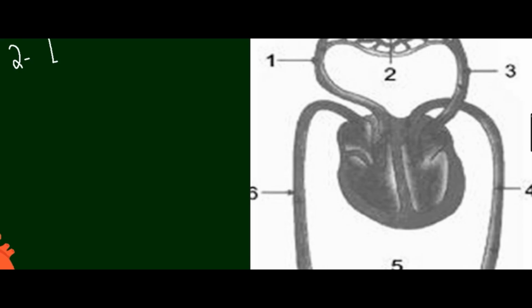The second part is the lungs, and one of the functions is that the lungs help in exchange of gases. Part number 3 is the pulmonary vein because it carries oxygenated blood from the lungs towards the left atrium.